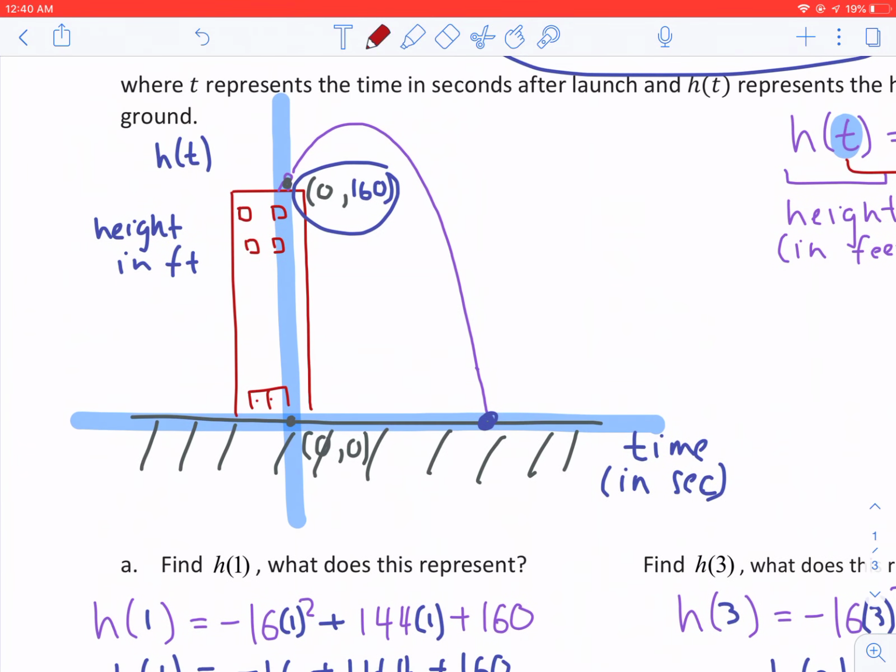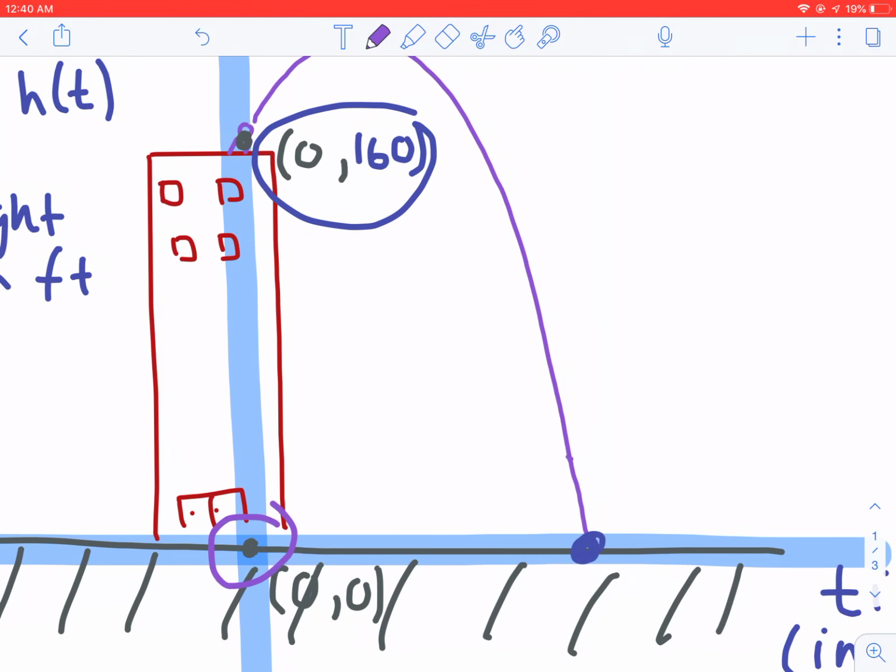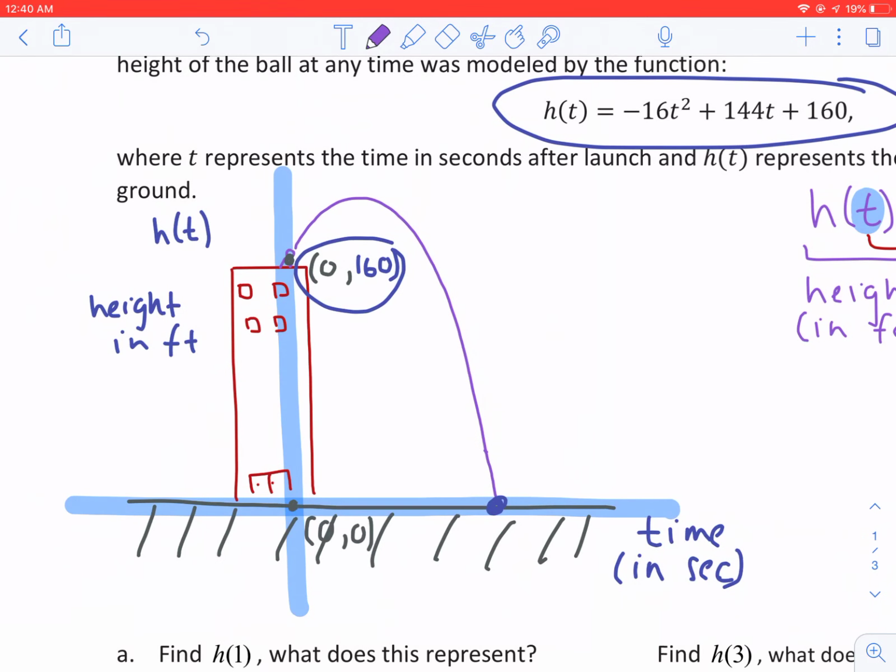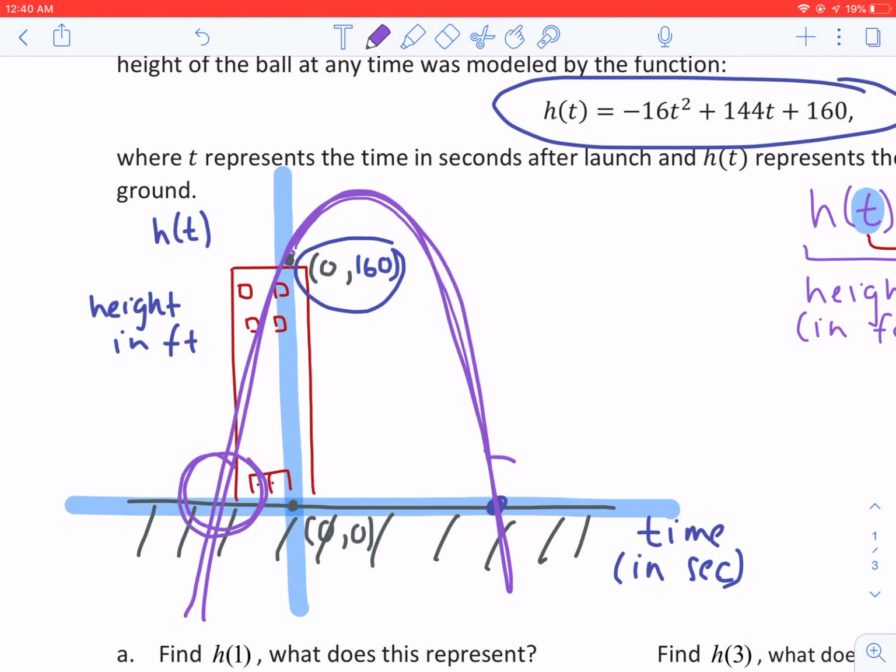Well, the negative 1 part doesn't really make sense because we're starting at time 0 here. But if we drew out the full parabola, it makes sense why we're getting a second answer, because that's going to be at negative 1, but that's going to be at 10. And that's the answer we're really looking for, the positive answer.